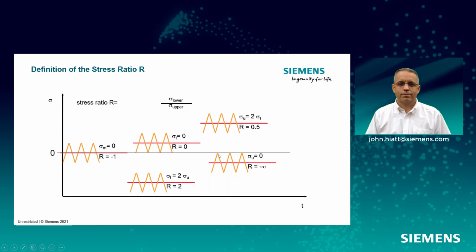When my upper mean stress is at zero, I have minus infinity. When it oscillates around zero, which means I have no mean, I'm at -1. When my lower is at zero, I'm at zero, so I have a moderate positive mean, and then I have a fraction of a number, like 0.5, 0.6, when I have a large tensile load.